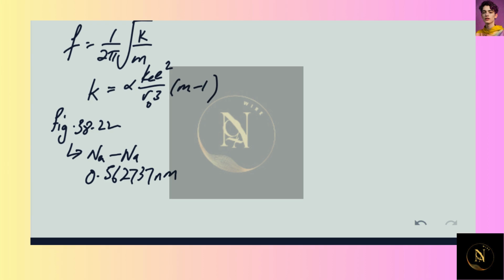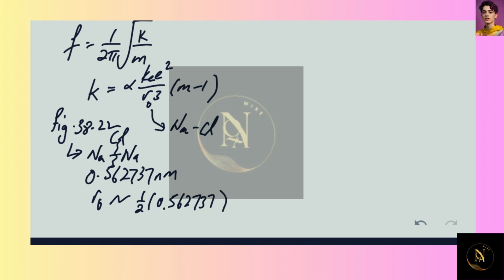But what we calculated, the r naught over here, is the distance between sodium and chlorine. So approximately we have one chlorine with one sodium, so approximately halfway in between would be the chlorine nuclide, right? So we expect the distance for r naught to be about half that of this distance between the sodium ions.